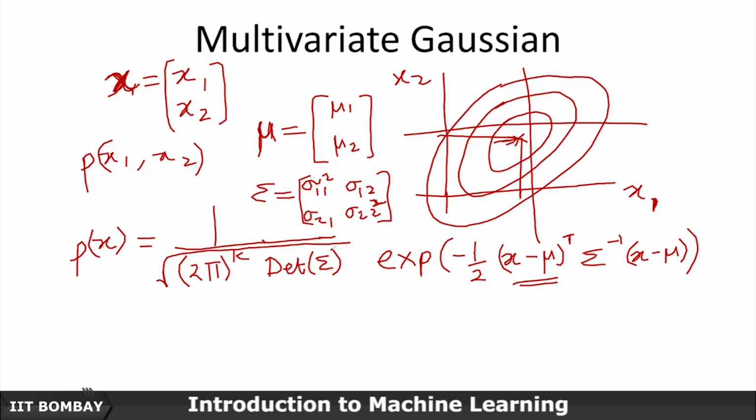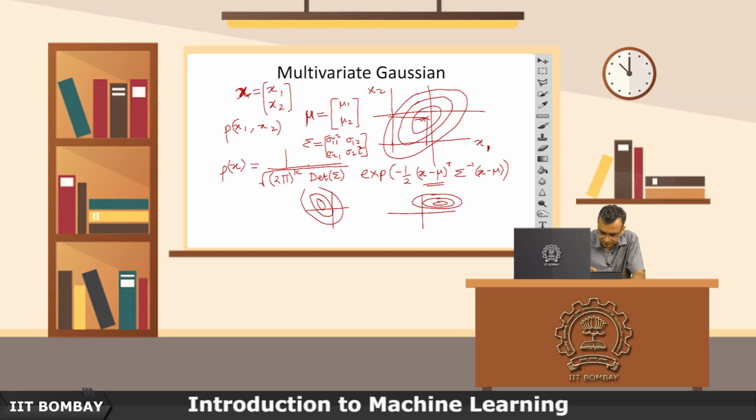So if your off diagonal terms are 0, then these ellipses are going to be aligned to the axis. If the off diagonal terms are not 0, then these ellipses are going to be tilted. So that's a way to think about it. And the center of these ellipses, which is the highest probability density, is going to be at mu 1, mu 2, or up to mu k.